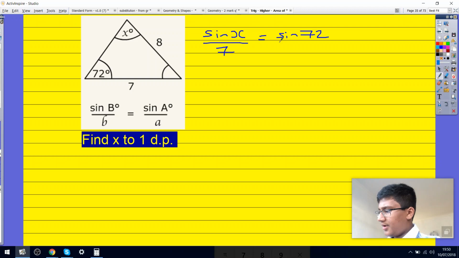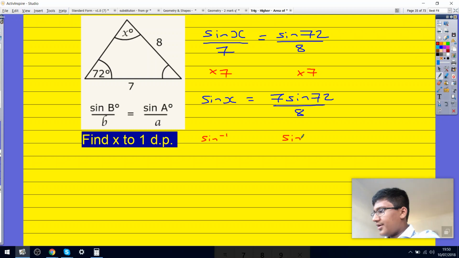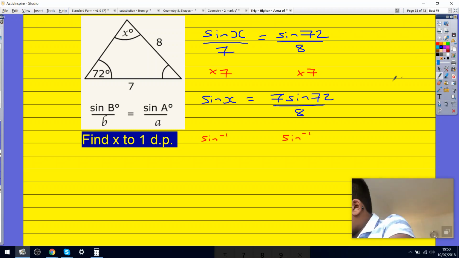And then if we want x on its own, you have sine x equals 7 sine 72 over 8. So then x is just arc sine, so sine to the minus 1 of that whole thing, 7 sine 72 over 8.